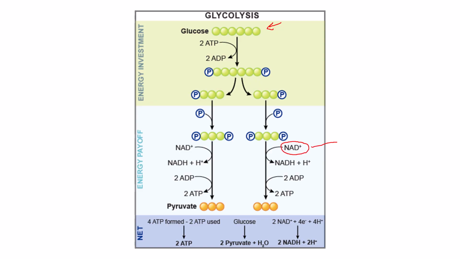NAD+. This is actually vitamin B3. It takes away hydrogens from the piece of glucose. And so when it takes away the hydrogens, it turns to NADH.